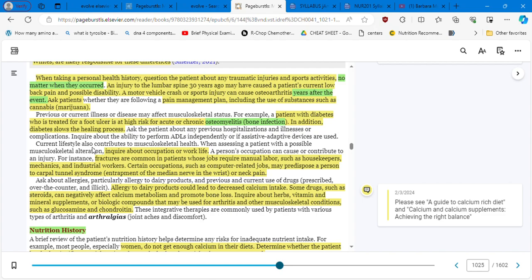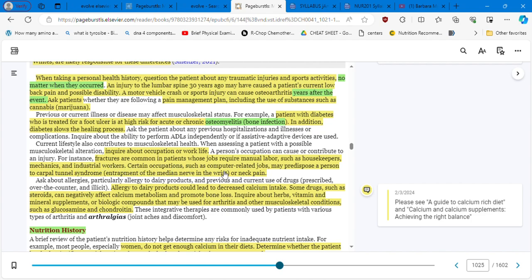Okay, so inquire about occupation or work life. We saw that people that are sitting for long periods of time are going to have some type of kyphosis. Fractures are common in patients whose jobs require manual labor, such as housekeepers, mechanics, and industrial workers.